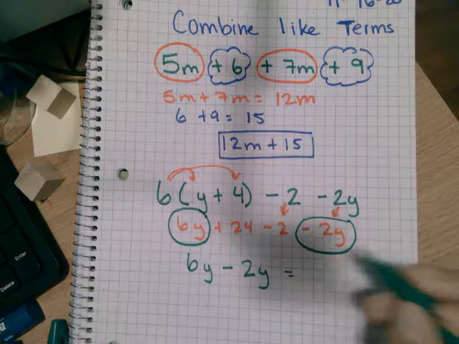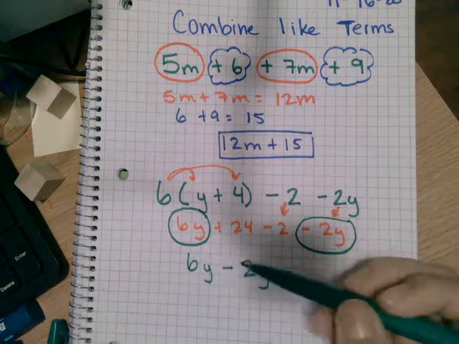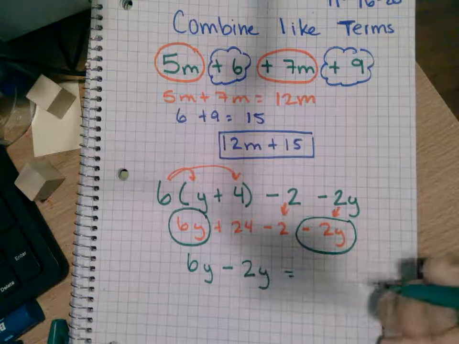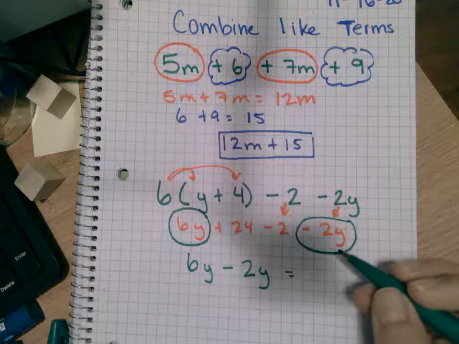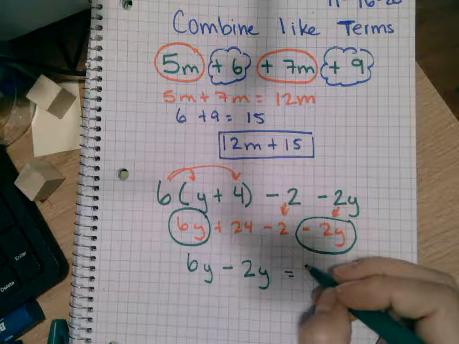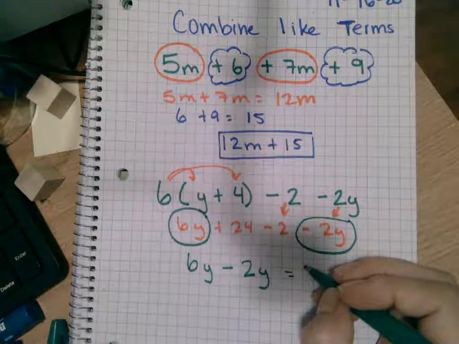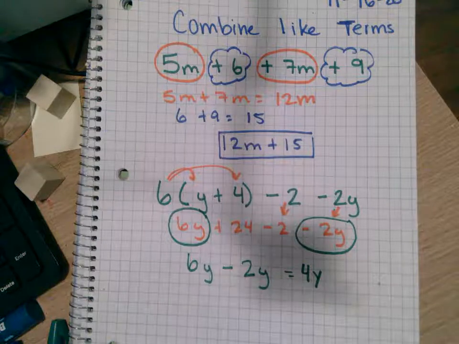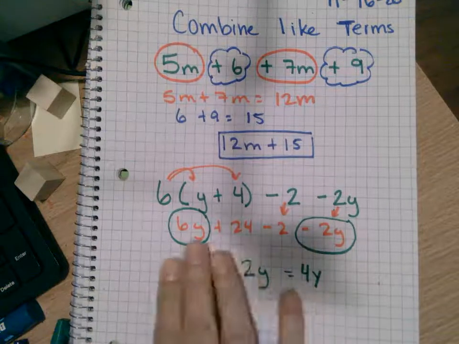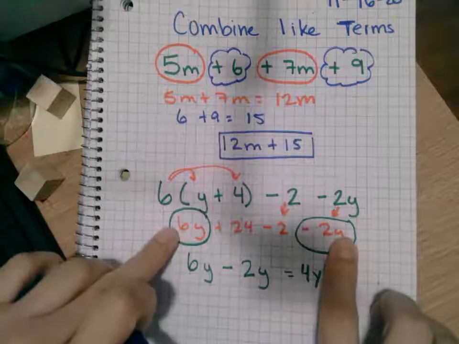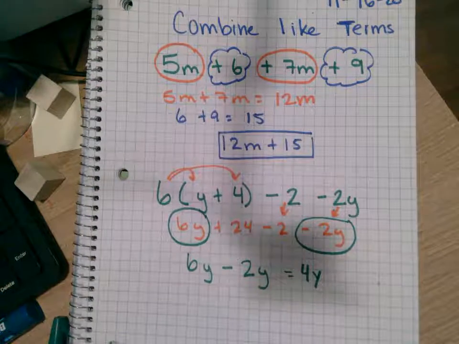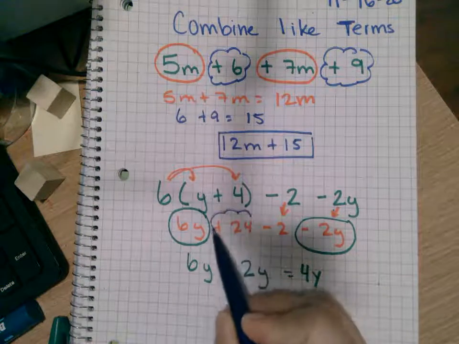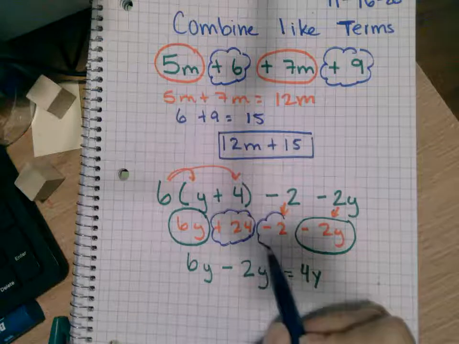So this gives me 6 yo-yos minus 2 yo-yos. 4 yo-yos, that's right. Then I like to circle them because then I go, okay, I'm done with these. Now what do I have left? What I have left is the plus 24 and the minus 2 right there.